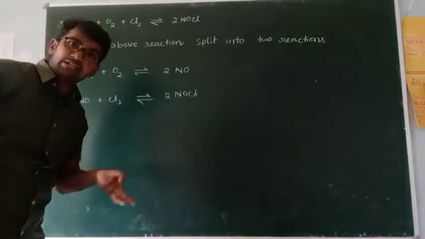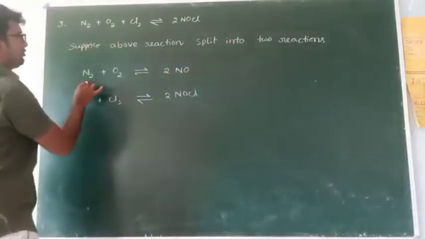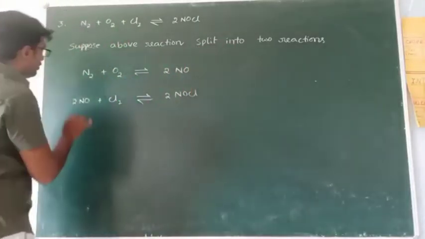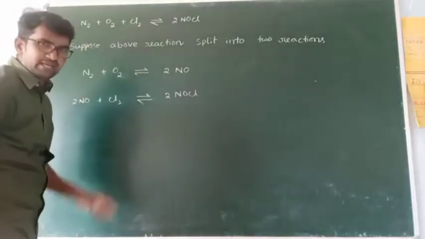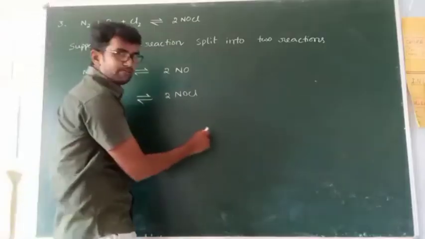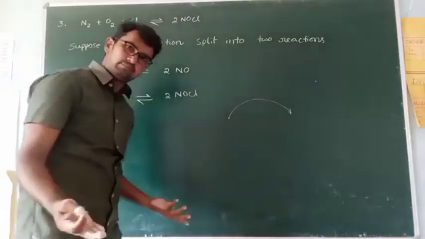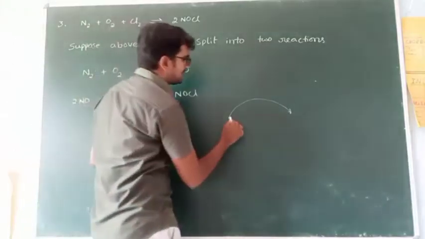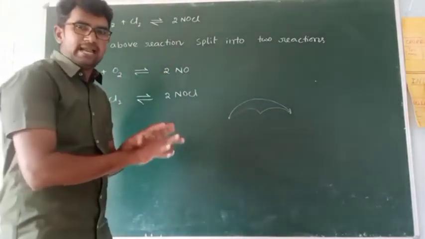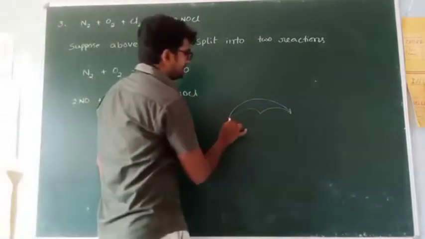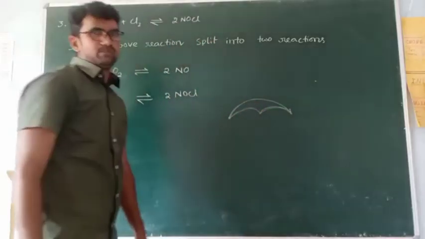Suppose the above reaction is split into two reactions and completed in two steps: N2 plus O2 gives rise to 2NO, and 2NO plus Cl2 gives rise to 2NOCl. If the reaction is completed in two steps, it is like one person jumping from one place to another in a single step, versus the same thing done in two steps. The target is the same. The reaction completion is the same. But this is single step, and the same reaction is completed in two steps.